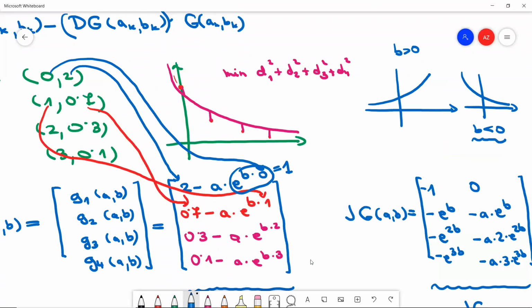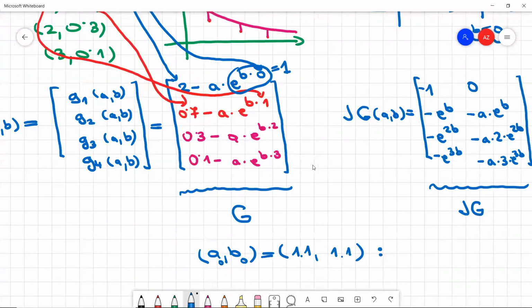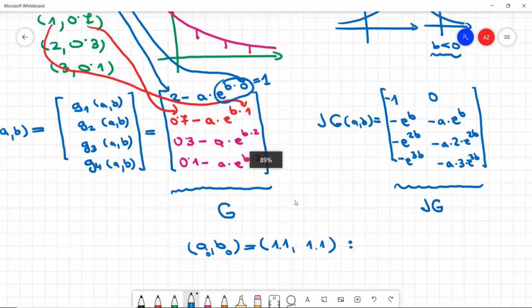Okay, so what I wanted to tell you with this example is that you have to check the solution at the end.